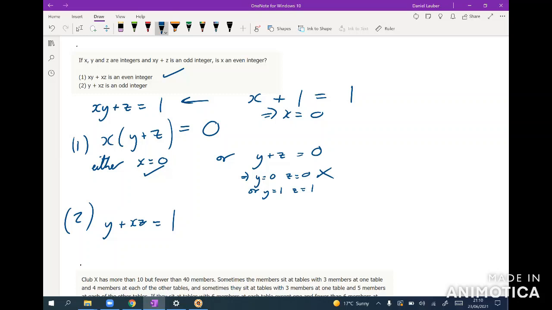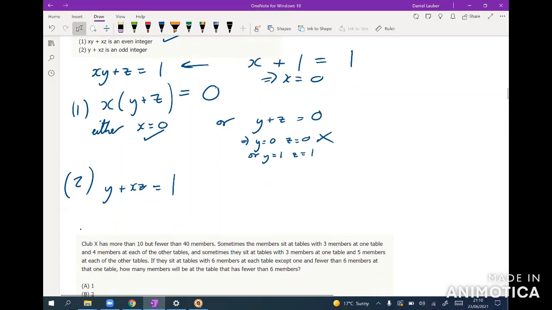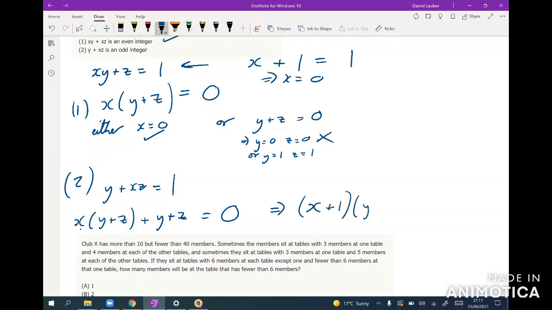I suppose what I'd try doing is adding them together. So we get x, y plus z plus y plus z. Ooh, we could get somewhere, equals 2. So in other words, equals 0. So rearranging that, we get x plus 1 lots of y plus z equals 0.